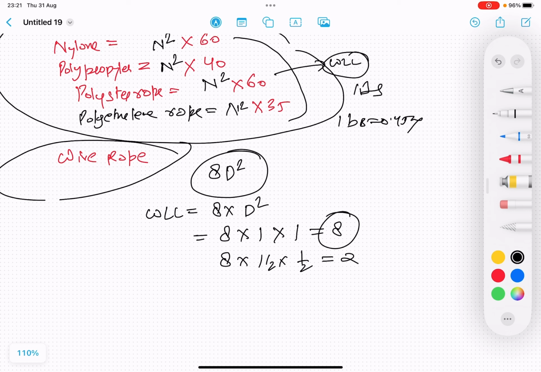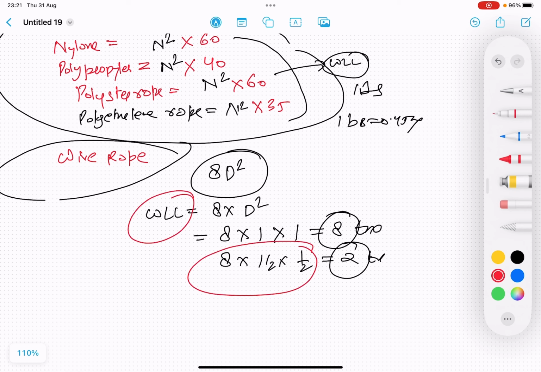Now this figure that comes out is basically tons: 2 tons and 8 tons. If you are using a wire rope of 1 inch diameter, then its working load limit comes out to be 8 ton. If the diameter is half, then the working load limit comes out to be 2 ton. So 8 into d squared is the simple formula.